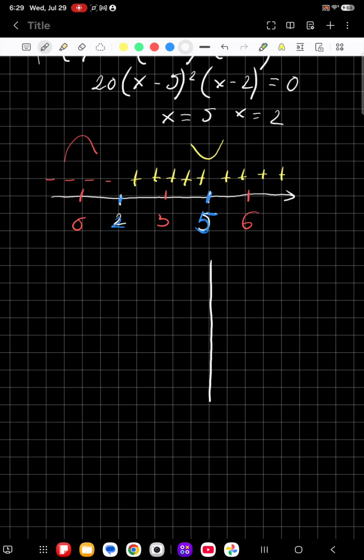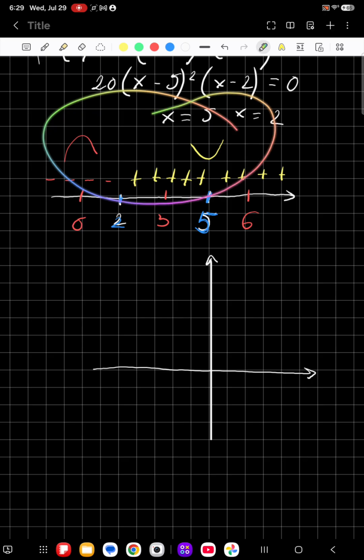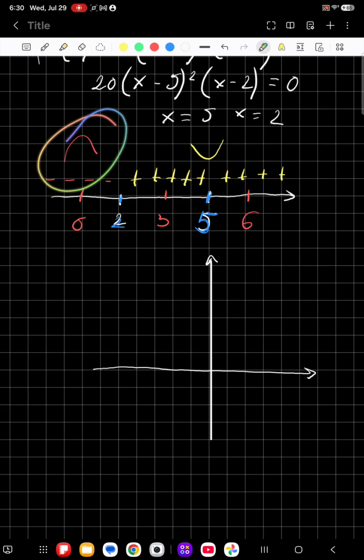So I have those two key points. One of them is an inflection point at 2, because at 2, looking at this number line here, the concavity changes, from down to up.